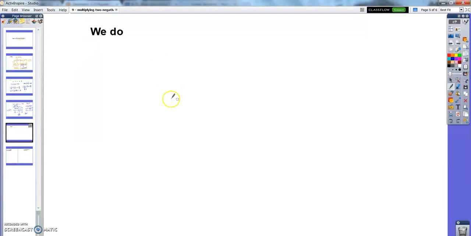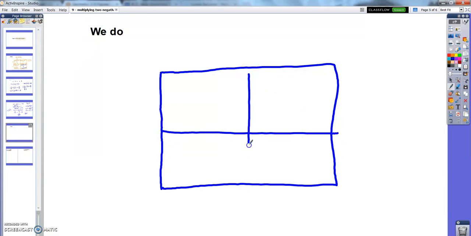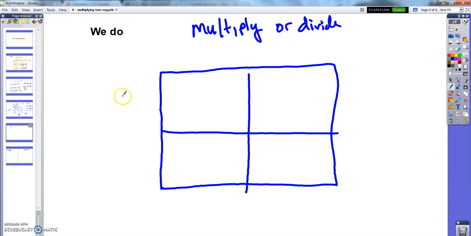So the first big thing I want you to do in your we do, open your notebook back up, is have your chart here. And when you multiply, you can find your old chart if you don't want to do one, or divide. A positive times a positive, or a positive divided by a positive, is positive. A positive times a negative, or a positive divided by a negative, is a negative.